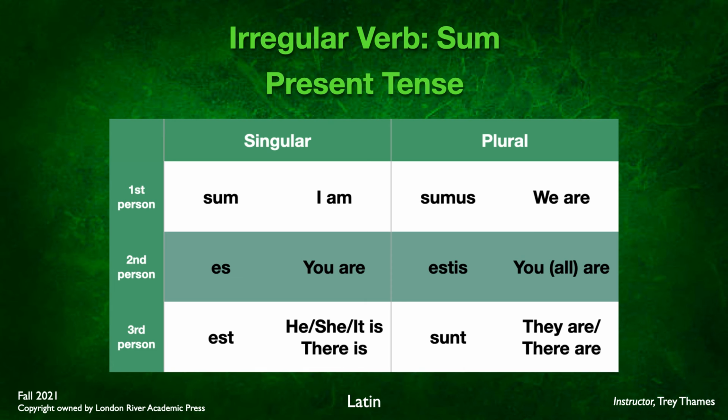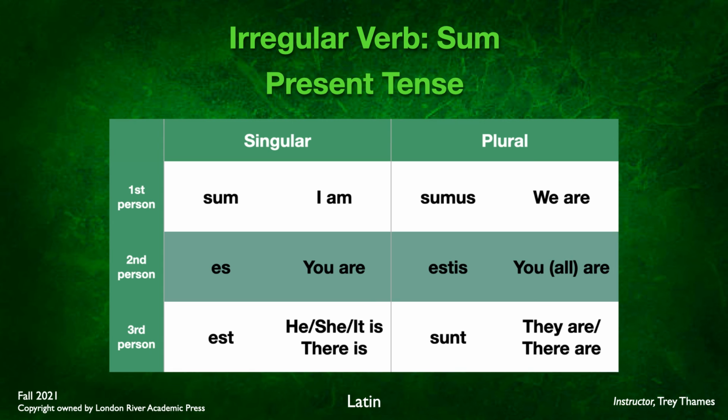If you remember, the present tense verb endings were o or m in the first person singular, so here we have an m. And second person singular was s, and there's an s. Third person singular was the letter t, and there's the t. First person plural was mus, and here we have mus. Second person plural is tis, and here you have a tis. And then third person plural was nt, and here we have an nt.